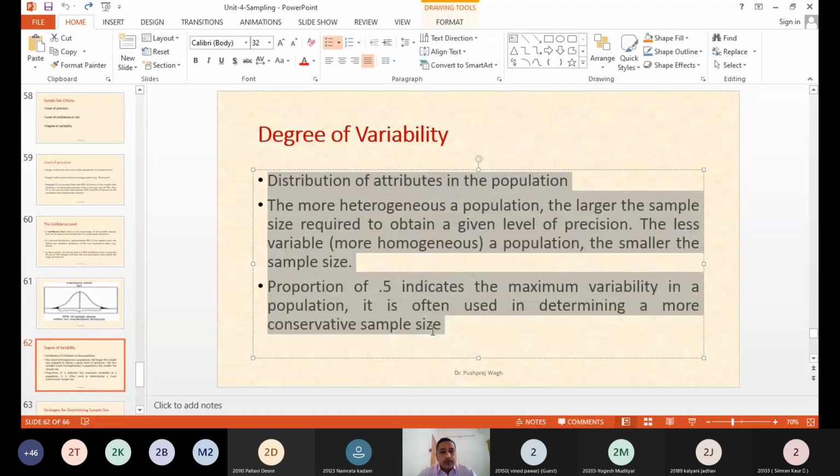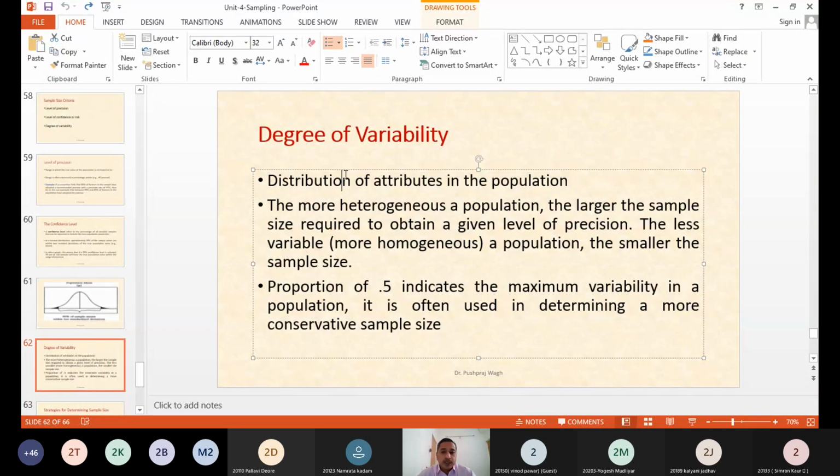This degree of variability will denote the distribution of attributes in the particular population, may it be gender or height. Based on this distribution, there may be a homogeneous population or a heterogeneous population.